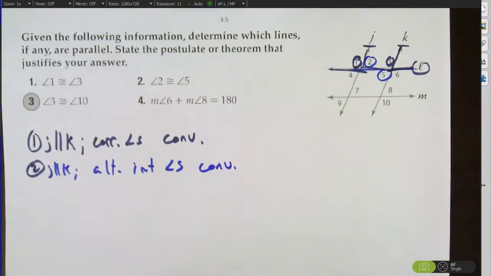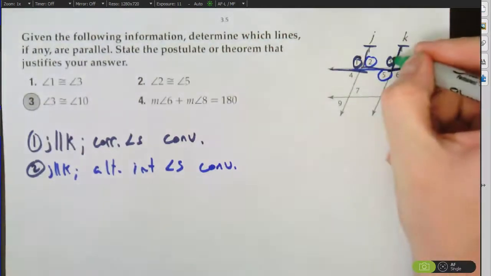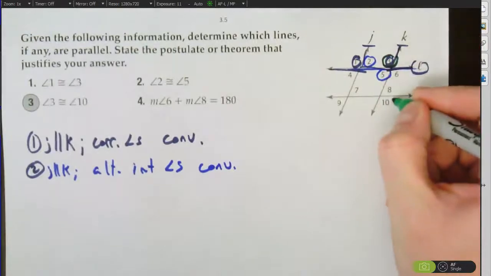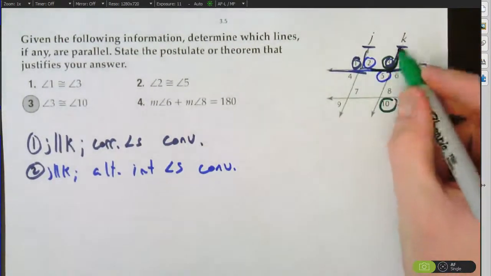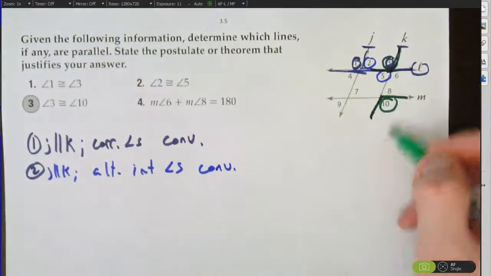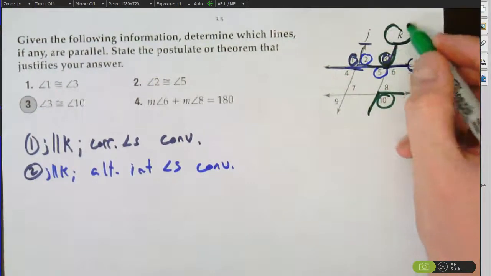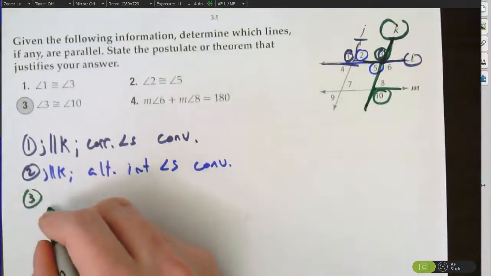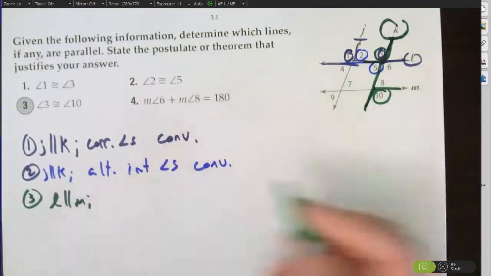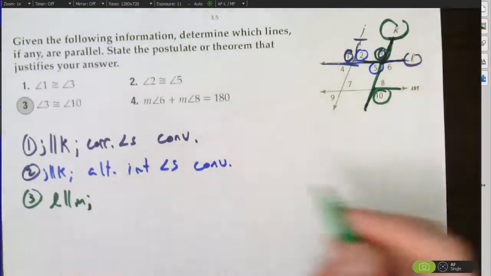Okay. Let's see here. Number 3. I'm running out of room here. I keep drawing over the same things. Number 3. I'm talking about angle 3 and angle 10, and those guys are congruent. Now angle 3 is this angle here, angle 10 is this angle here. K is their transversal. It crosses L and M, so L is parallel to M. Now the question is just, what type of angle pair are they?